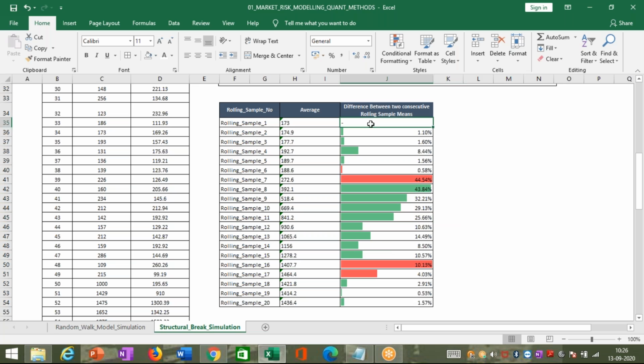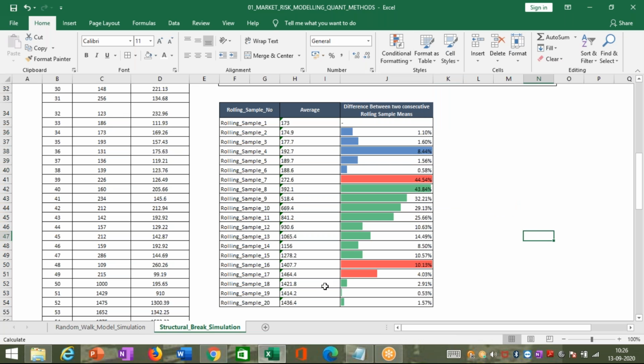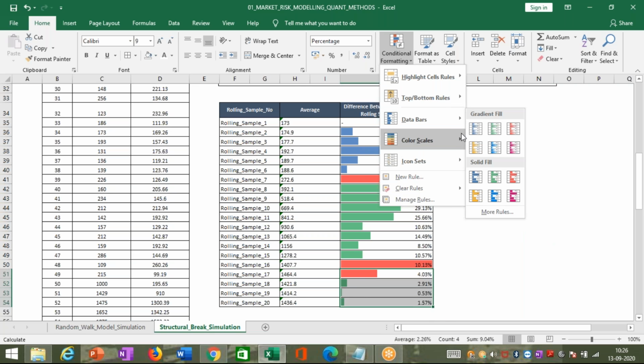So if the time period over here is something which is different, the series over here is of a different color.